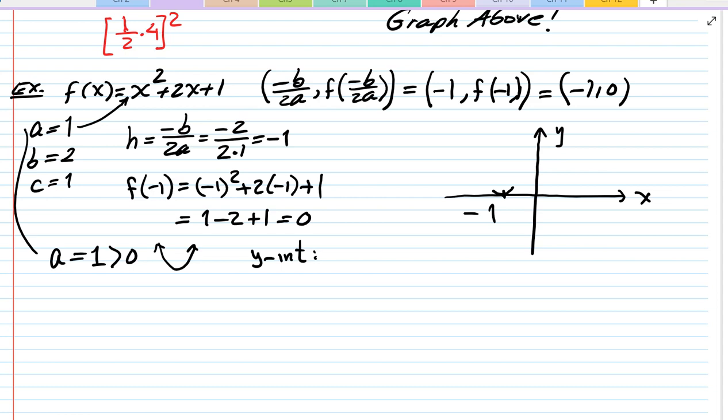The y-intercept is when x is 0. So we do f at 0. That makes it 0 squared plus 2 times 0 plus 1, or 1. So the y-intercept is going to be at 1. Let's say this is 1. The x-intercept is at negative 1.